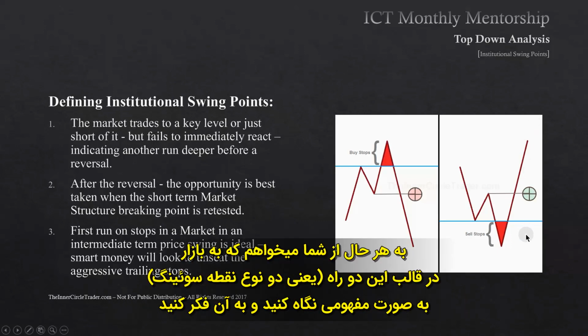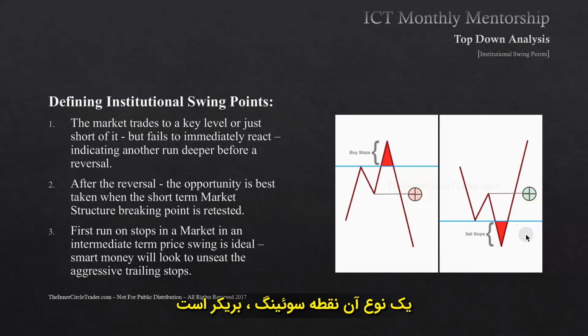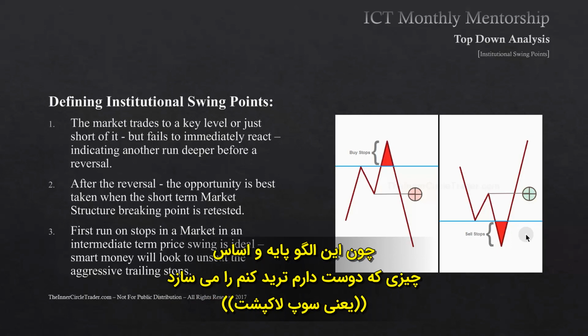But I want you to think about the marketplace in two conceptual ways as it relates to swing points. You have a breaker swing point, which is what we're describing here, and I'm giving you the classification of it, and I'm teaching you this one first because this is the one I trade predominantly because it's based around the pattern I like to trade, which is a turtle soup.